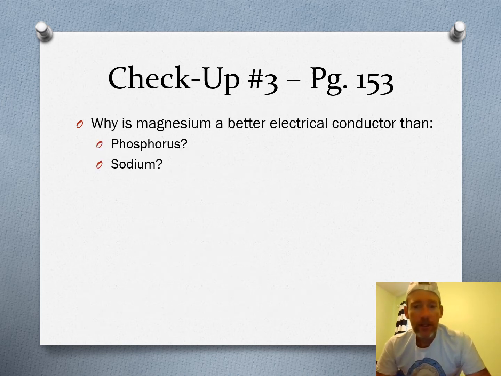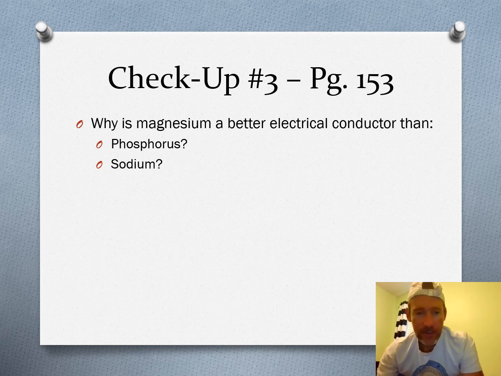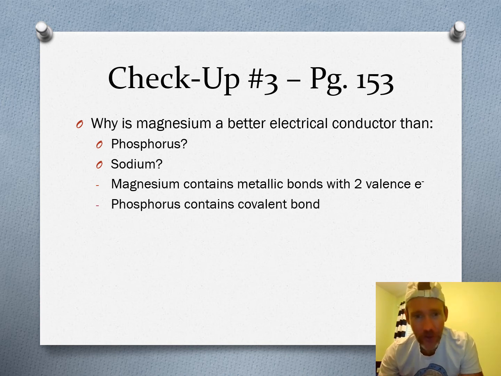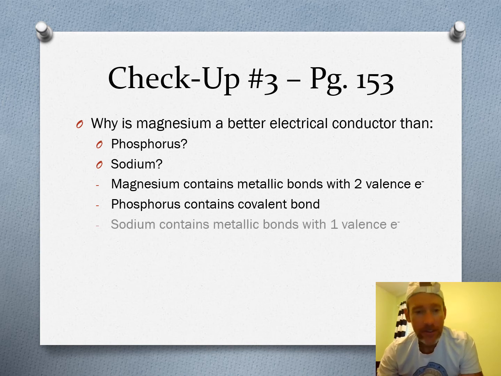Why is magnesium a better conductor than phosphorus? This one's an easy one. Magnesium is metallic, and phosphorus is a covalent bond nonmetal. So phosphorus has no conductivity, barely any, very negligible. That means magnesium has a sea of electrons, where phosphorus doesn't.